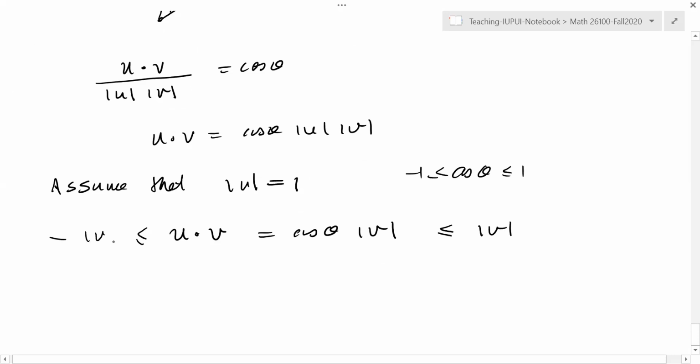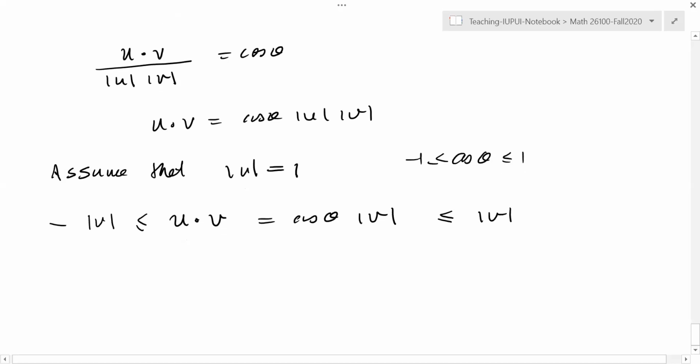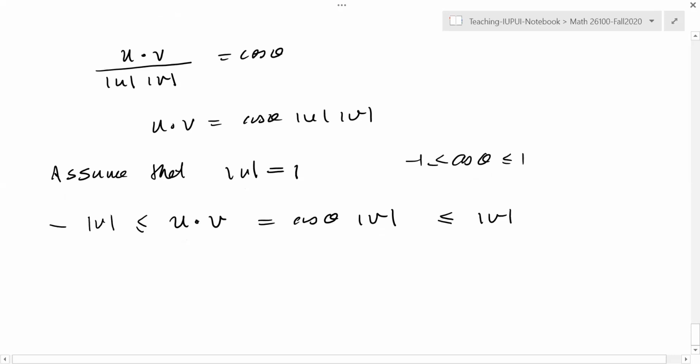Among all the possible values of u, v is fixed, u is changing. What is the maximum value of the inner product? That's the length of v.